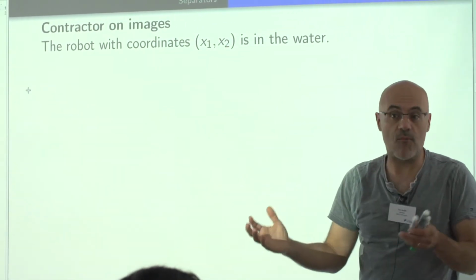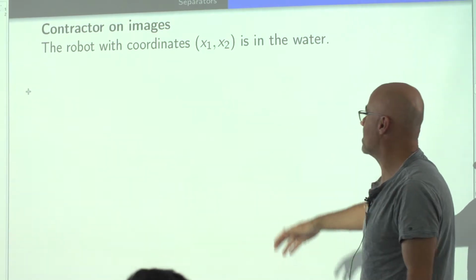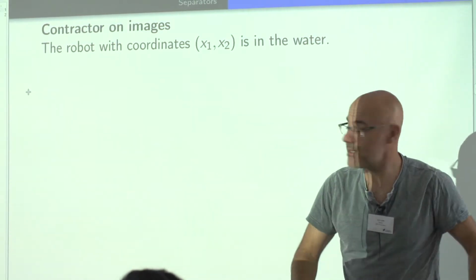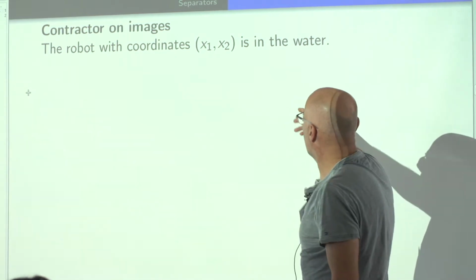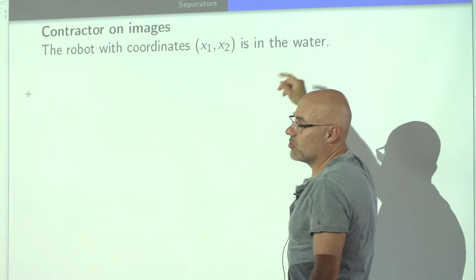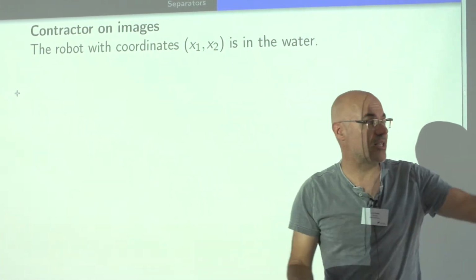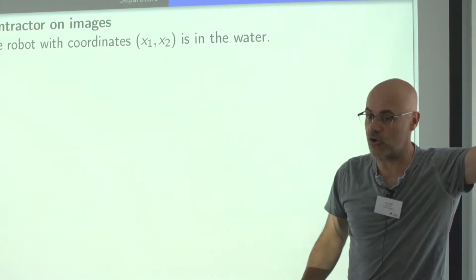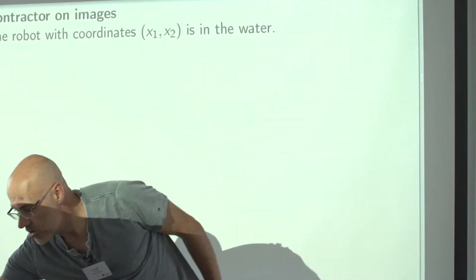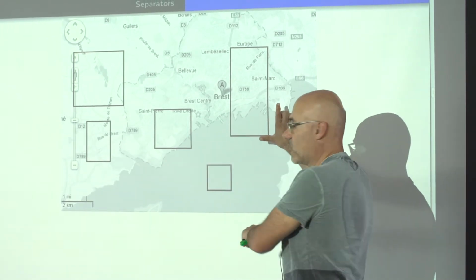But I may have some other information that can be cast into the form of a contractor. For instance, if I have some database, and I know that a robot with this coordinate is inside the water. It is an information that is not translated into an equation, but I need a contractor for this. So from an image like this, I have a box for x and y.